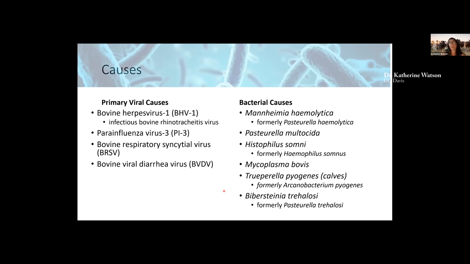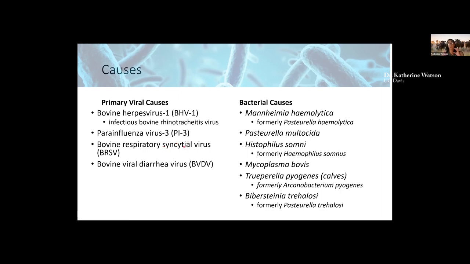Some of the viral causes that we think about are bovine herpes virus 1, also known as infectious bovine rhinotracheitis virus, or IBR. We also have parainfluenza virus 3, or PI3, and bovine respiratory syncytial virus, BRSV. It's called this because in the lung, it likes to make what are called syncytia.